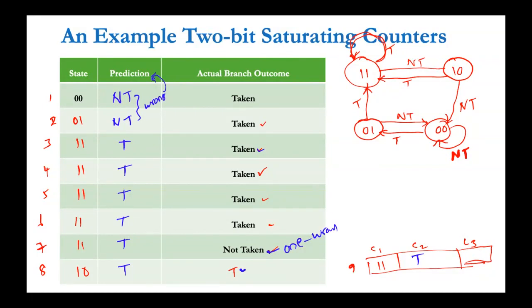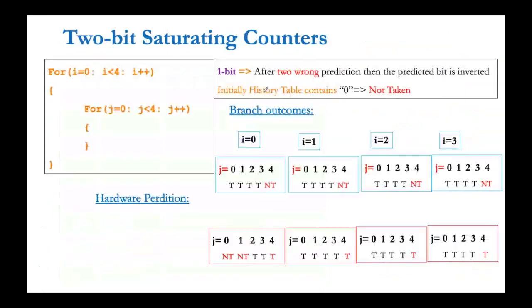And if you recall, we have seen this exercise in branch prediction. We have seen these examples. There is one branch, and the branch outcomes are like taken, and we have seen this example.